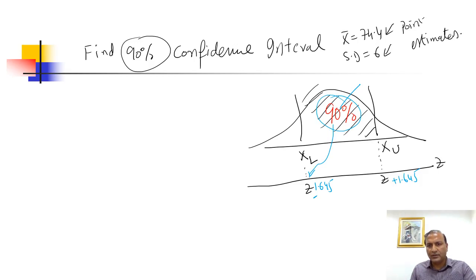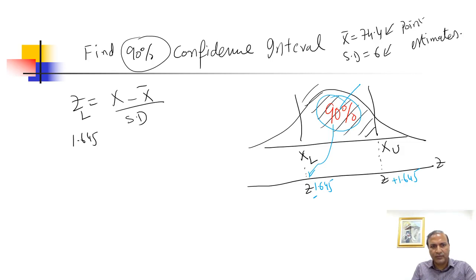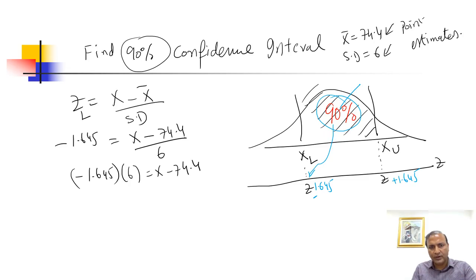Okay, so now I know the z value, I can go back and find the x values. Remember, the formula is z is equal to x minus x bar divided by standard deviation. Now first I use the lower value of z. And what is the lower value of z? Minus 1.645 is equal to x, which I have to find, minus x bar, which is 74.4, divided by standard deviation, which is 6. So minus 1.645 multiplied by 6 is equal to x minus 74.4.